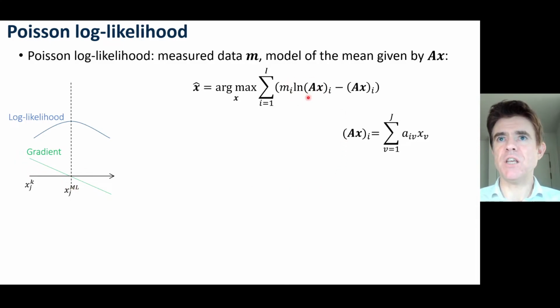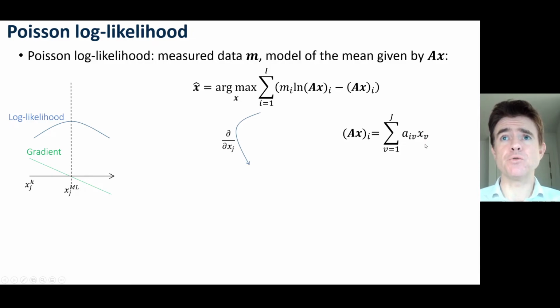Just a reminder here that in our Poisson log likelihood model, we do have a model of the mean of the Poisson distributed data. The Poisson distributed data are in a sinogram M, and our model of that data is given by AX, which is just the system matrix applied to our vector of image parameters.